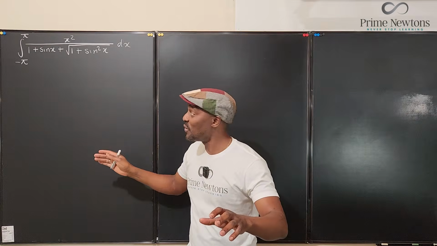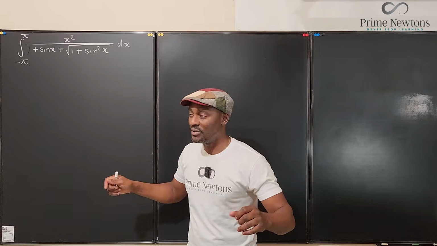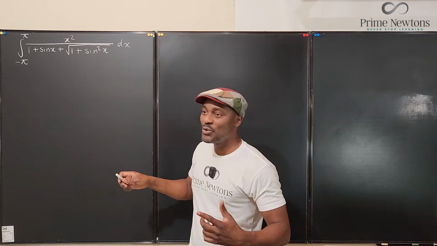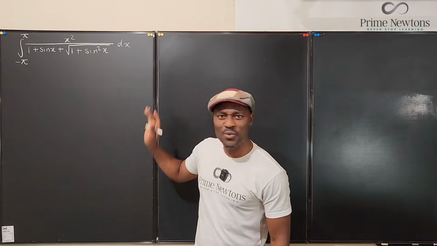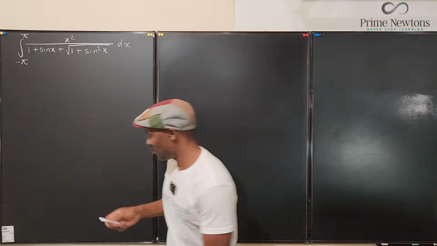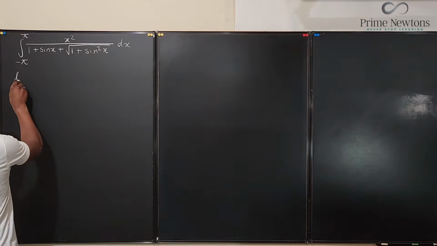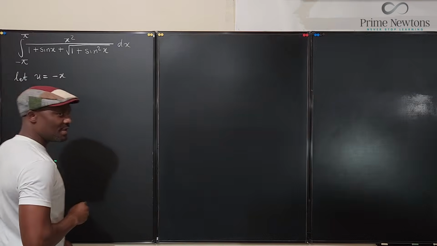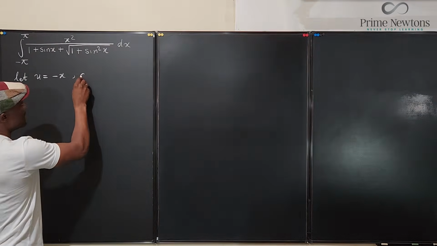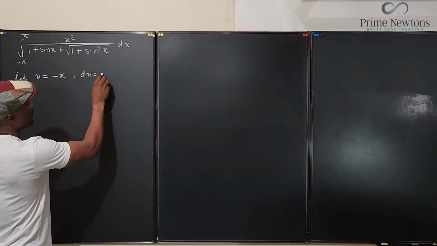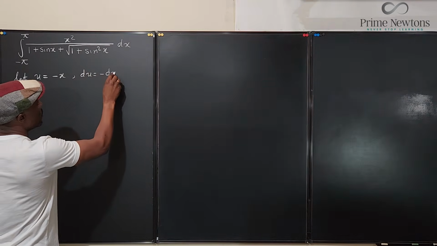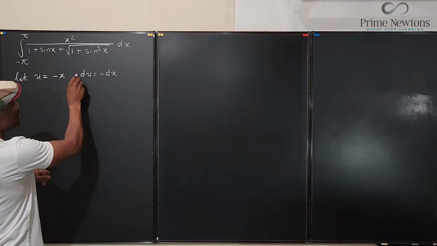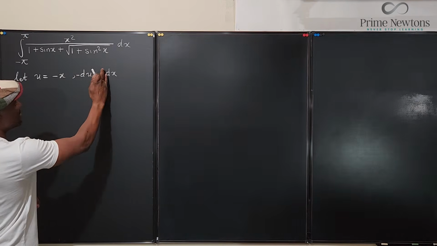So what we're going to do is a u-substitution where we say let u be equal to negative x and see what it turns into. So let u be negative x. That means that du equals negative dx, or we can say negative du equals dx.